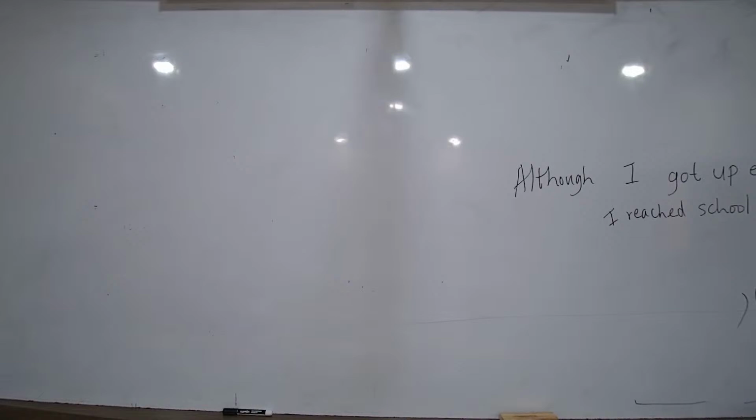An independent clause or independent sentence is like a tree, because a tree can stand on its own. A dependent clause is a ladder. Without the tree, the ladder won't stand. Without the support, nothing. So now I've understood what is a clause. There are two kinds of clauses. One is independent, one is dependent.